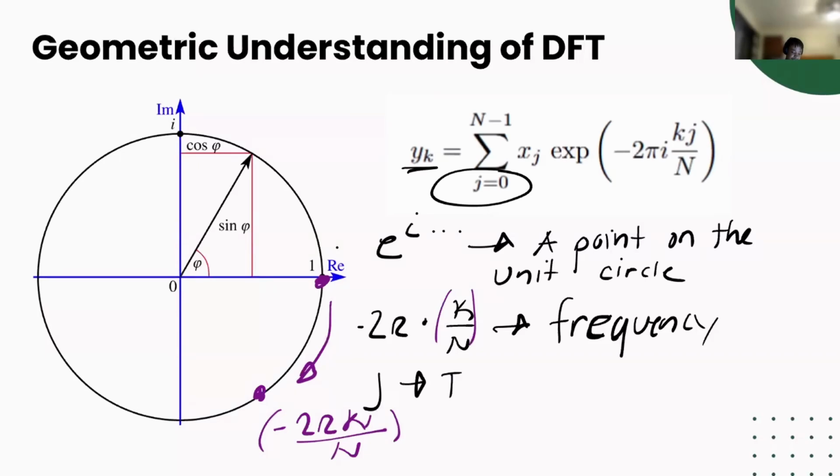So it's an index, but it acts like a time step. So, a pseudo time step. From j equals 0 to j equals 1, we move exactly negative 2 pi k over n radians. And from j equals 1 to j equals 2, we move another negative 2 pi k over n radians.